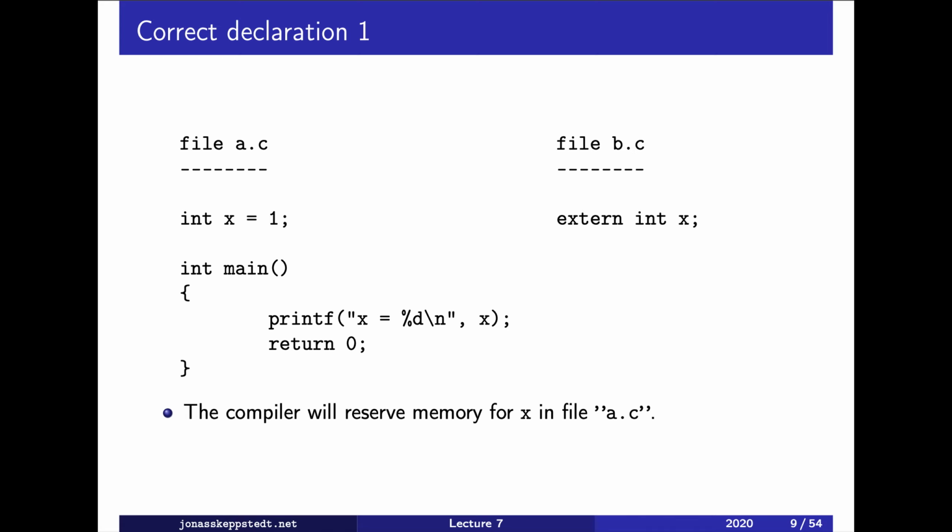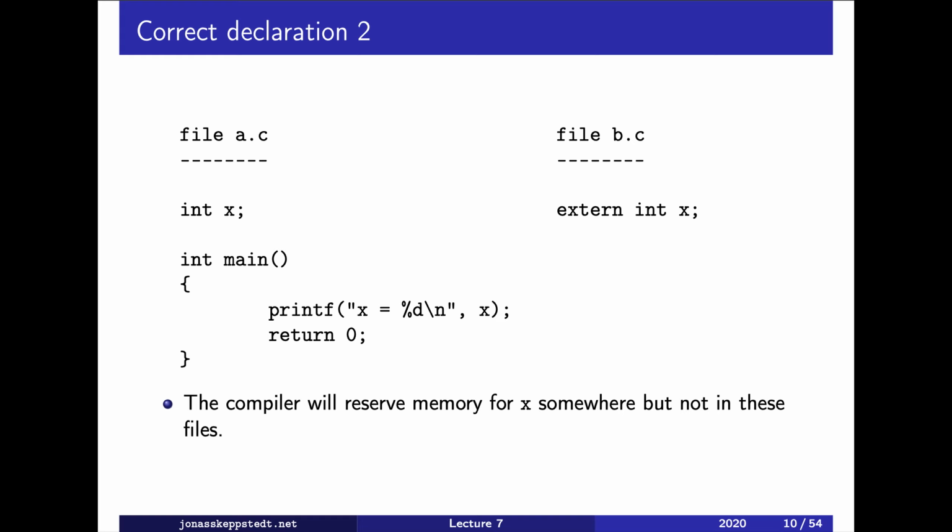Okay, so this is a correct declaration. And this is another one. This was correct also in previous years, since that one would be put in the common section, and the linker will fix it in the end.